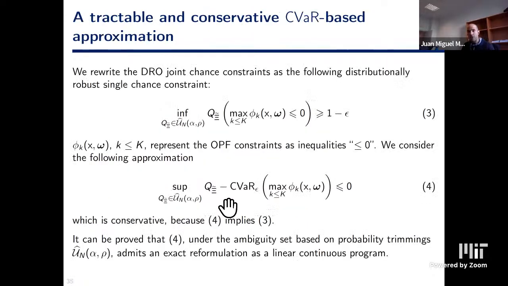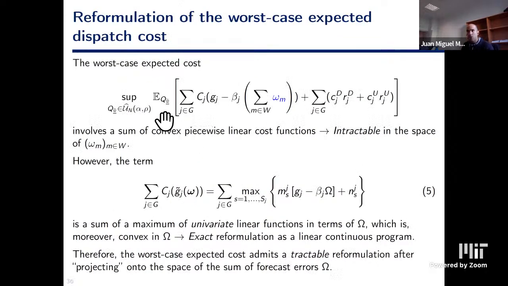able to solve. Okay, so as for the objective function, we also must notice that this objective function, this supremum, is intractable in the space of the omegas, that is in the space of the vector of wind power forecast errors.